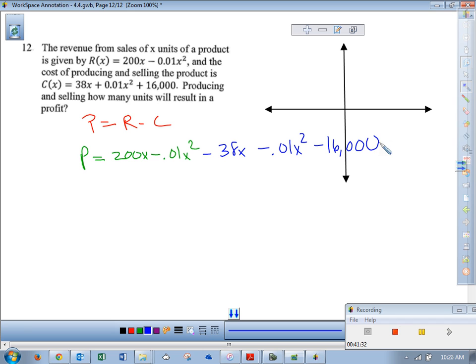And then we got to combine like terms on that profit equation. That's 0.02x squared. And how many x's is that? 200x minus 38x is how many x's? 162x minus 16,000.